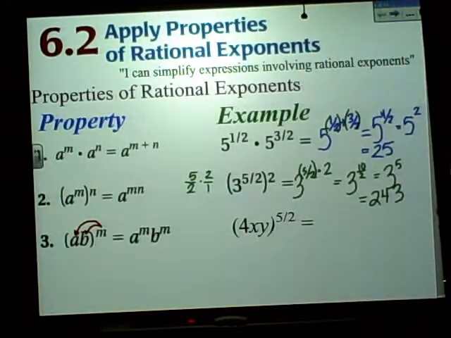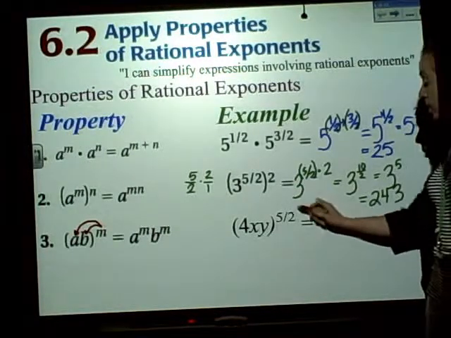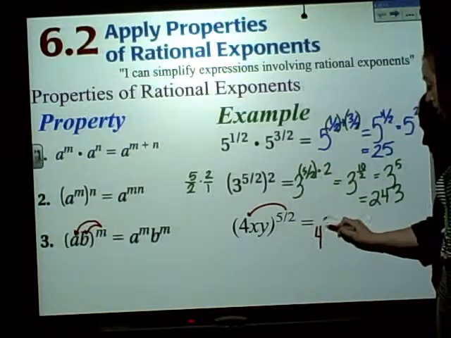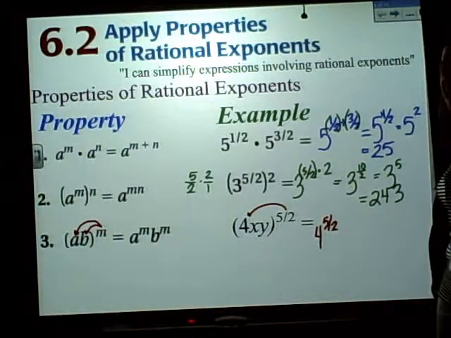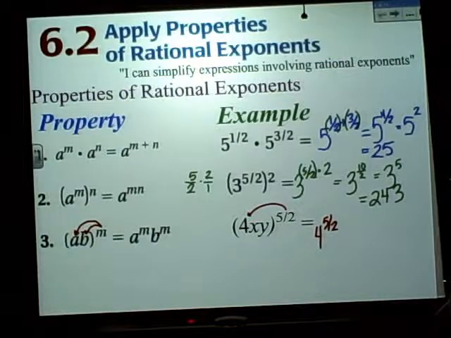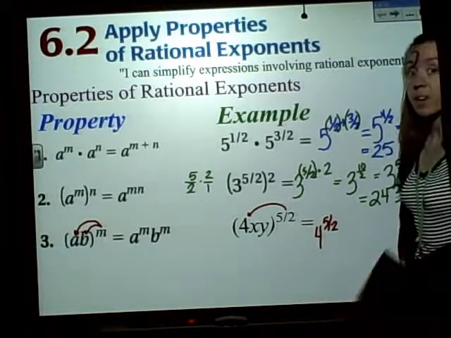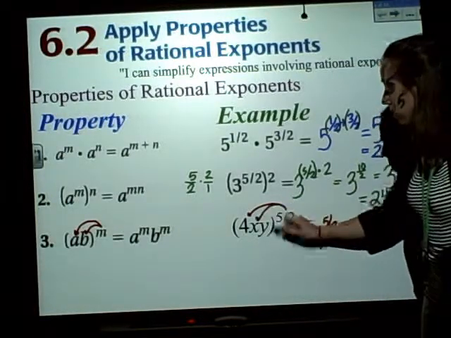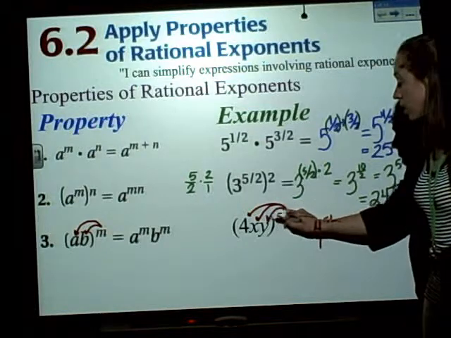So if I have 4xy raised to the 5/2 power, I would take that 5/2 to 4, and that one does simplify nicely, which we talked about today, and we'll do that in a second. We would take that to the x and to the y.